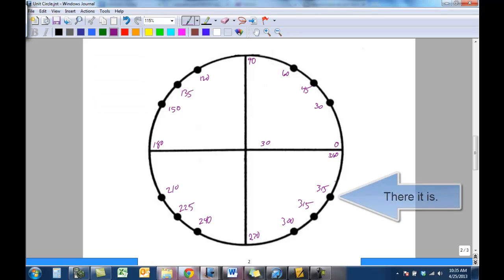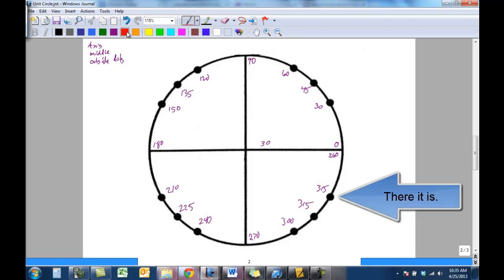Now, the pattern that we just did there, I started off with the axes, then I went to the 45 dots, or the middle dots, then I went to the outside dots. This is the pattern that I'm going to use to fill out this entire unit circle.